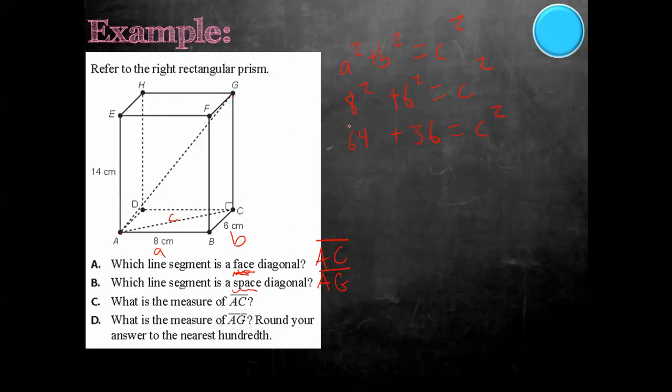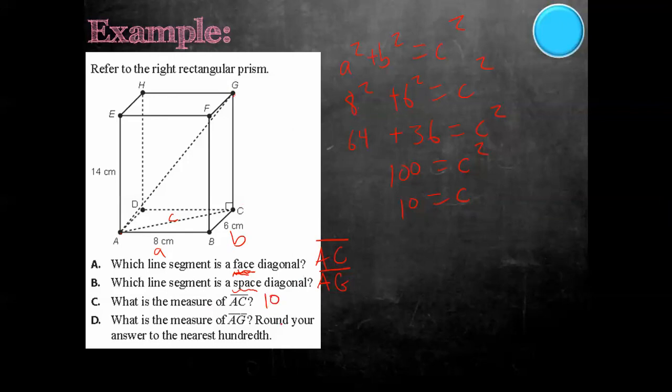So we're going to take 64 plus 36, which is going to give us 100. And then we're going to take the square root of that, which is going to give us 10. So the measure of AC is actually going to be 10.